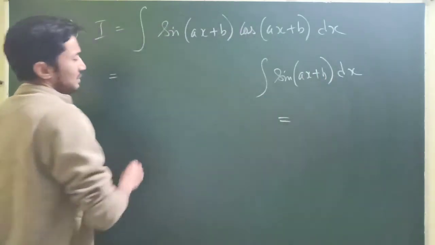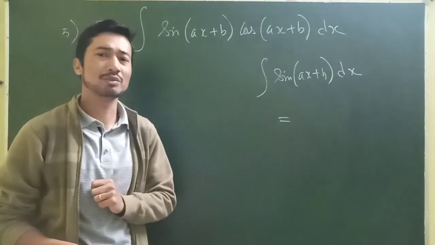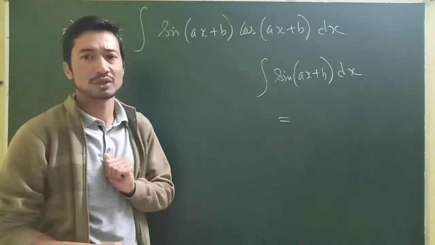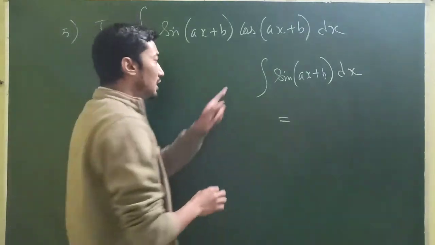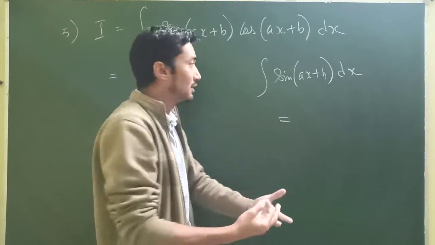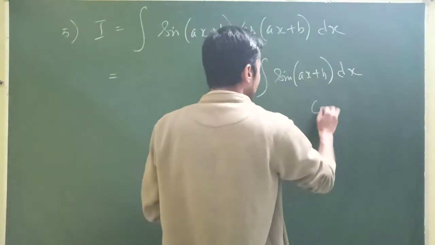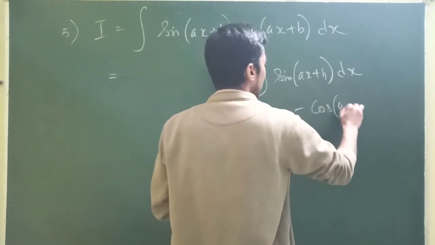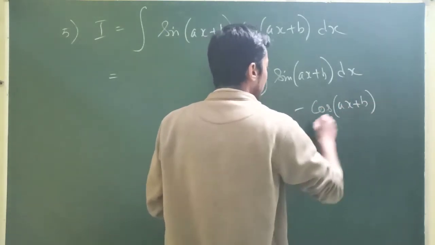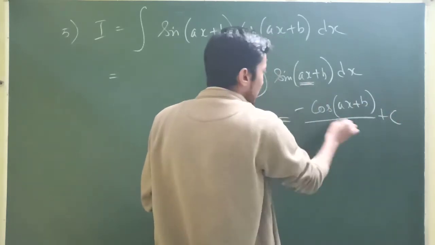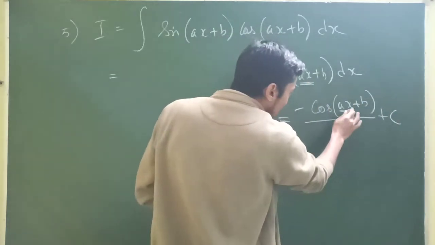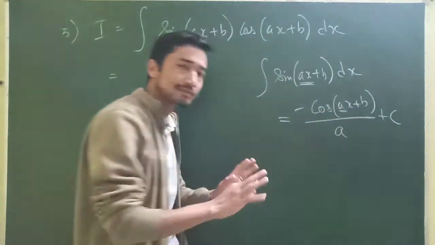If you remember, I'm not going to tell you because you can go and watch the previous video. I already talked about that substitution part, the integration coefficients. Here also it's based on that only. So that's going to be minus cos(ax plus b), divided simply by the coefficient of x, that is divided by a. Coefficient of x is a.